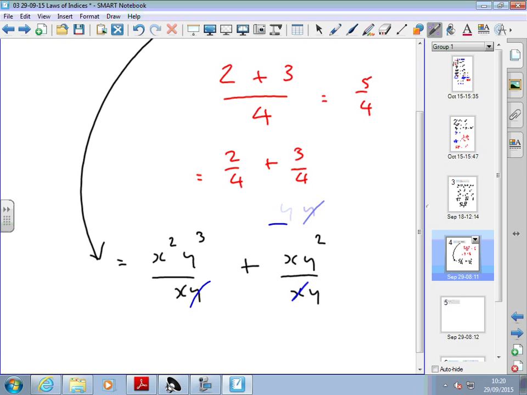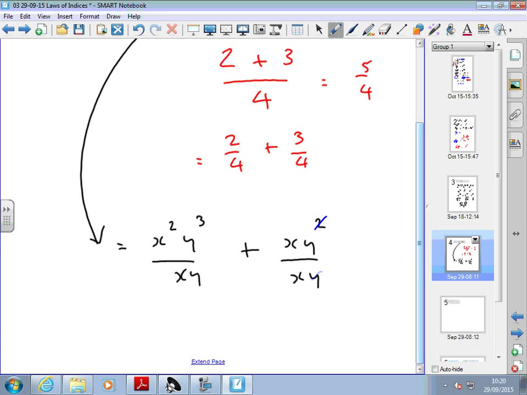Similarly here, x was cancelled and replaced with 1's, and that y goes into that, so I'm left with just 1y. So all this lot comes down to xy squared plus y. So to be able to simplify, I have to split the fraction.